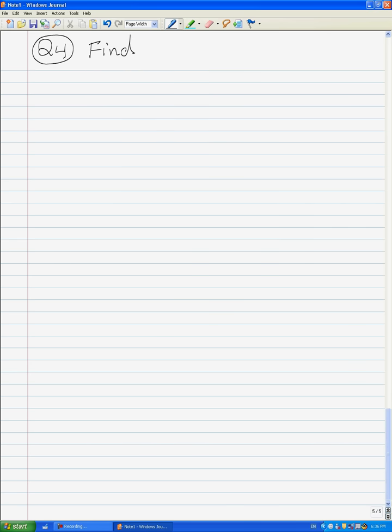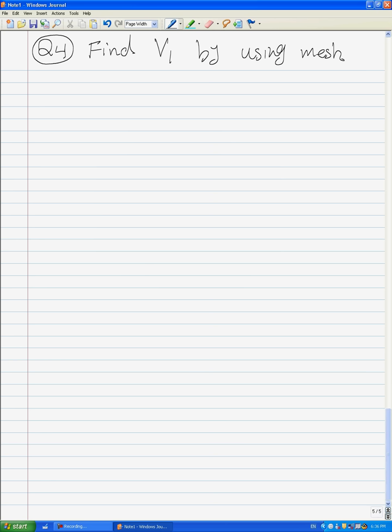We want to find V1 by using the mesh method. It means we should apply the mesh method in this question, and after finding all of the loop currents, finally we can find V1.